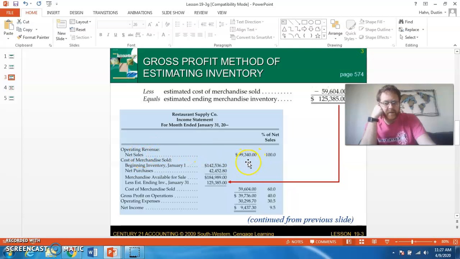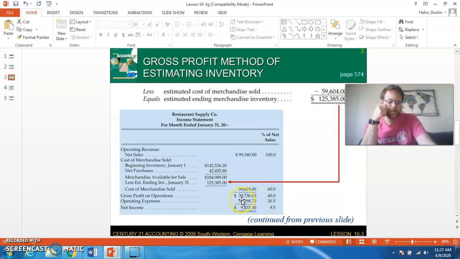You had almost $100,000 in net sales. Then all these numbers get filled in from what you just found. And then for these percentages, you take this number, that 59,604, divided by 99,340. That equals 60%.